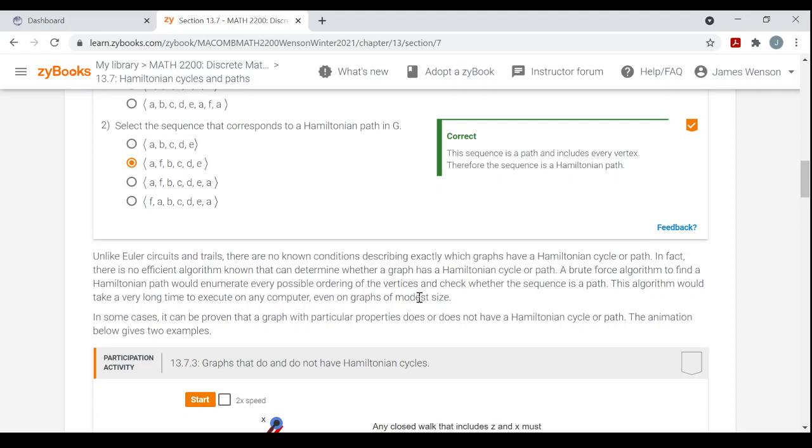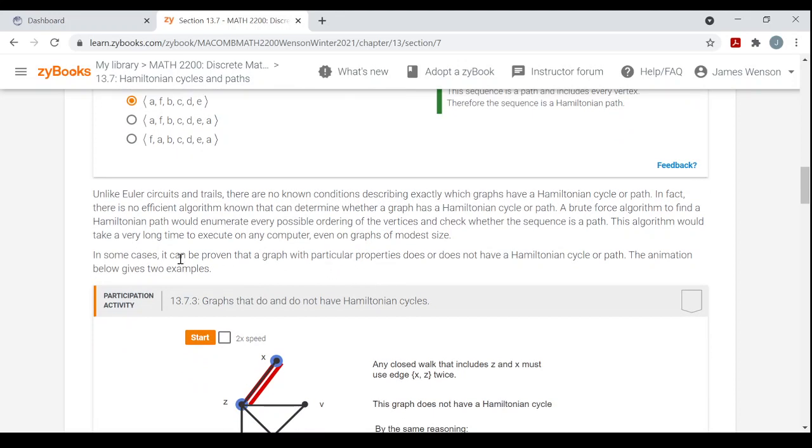Again, like I said, this is currently being studied. I'm sure there are people out there trying to determine if there's a way to ensure that a graph will have a Hamiltonian cycle or a Hamiltonian path. Now, we can't ensure that a graph has one, but we can in some cases.